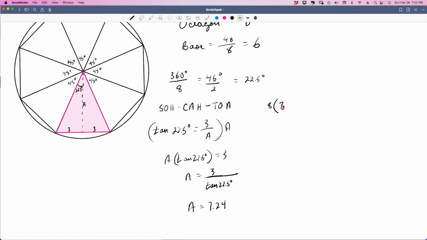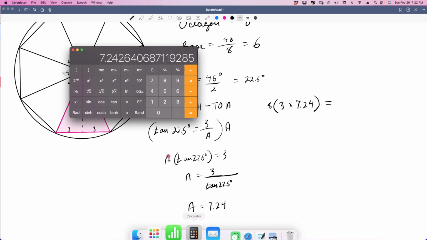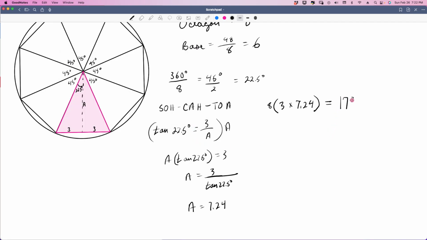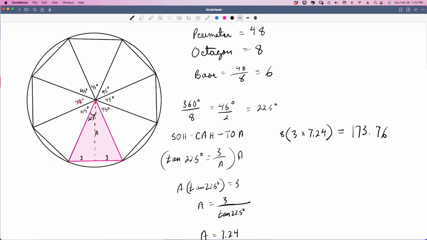That's the 6 divided by 2. So we've already gotten our half, times 7.24. And when we do that, we get 3 times 7.24 times 8 is 173.76, whatever units. That is the area of the entire octagon.